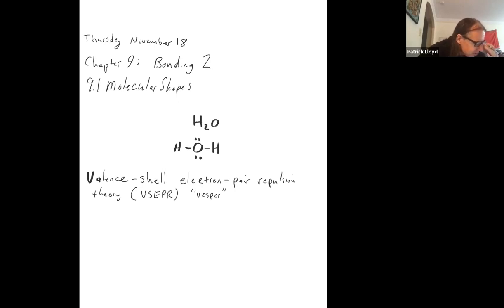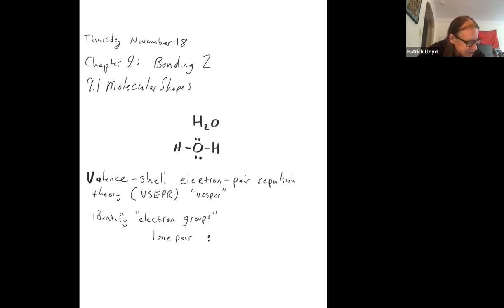So first of all, to begin, what we want to do is identify what are called electron groups under this theory. And this actually will help us for a couple of the other ideas that we cover in this chapter. So we're going to call these electron groups. An electron group is a lone pair, right? And remember, we represent a lone pair like this.